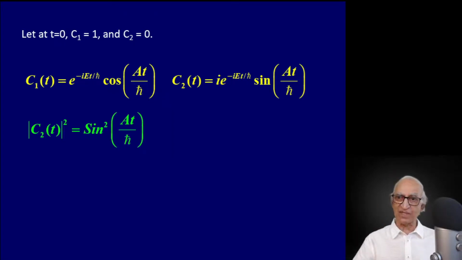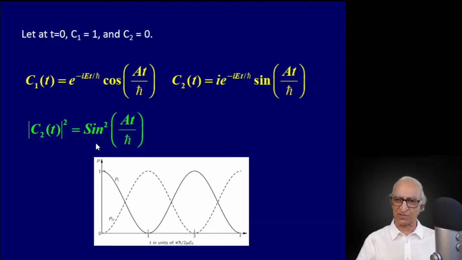So the probability of finding an ammonia molecule in a state is related to the square of the amplitude, C1 squared and C2 squared. So the probability of finding the ammonia molecule in state 1 will be C1 squared, which will be equal to cos squared At over h bar, and the probability of finding it in level 2 will be equal to sine squared At over h bar.